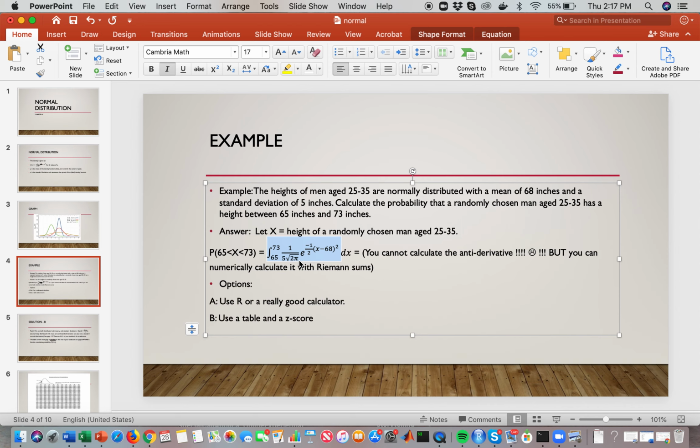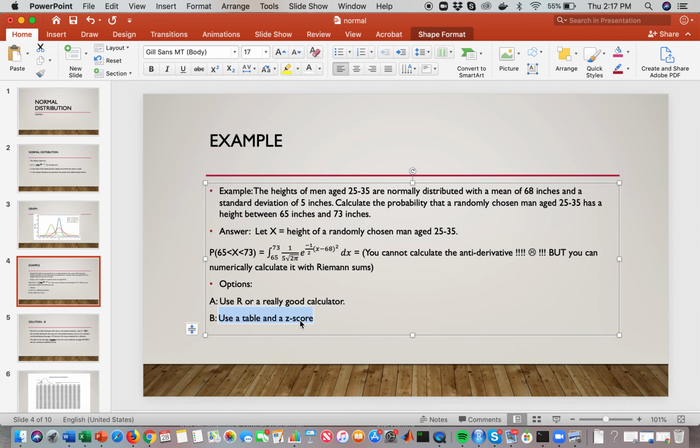And I can calculate it with Riemann sums, with Simpson's rule, with the trapezoidal rule. Any other of those options will do that. So here, those commands come built in. R will automatically do the Riemann sums for you, or you could use a really good calculator. Okay, that's option A. Option B is to use a table and what's called a z-score.